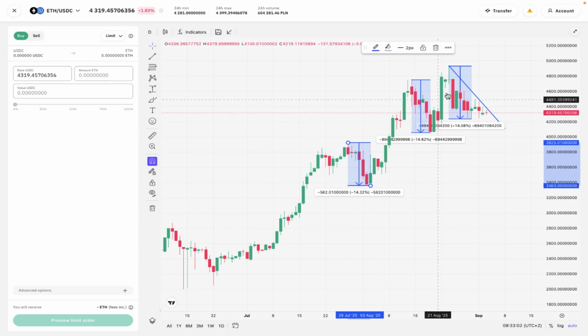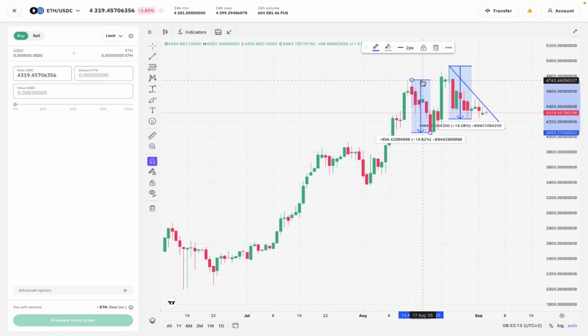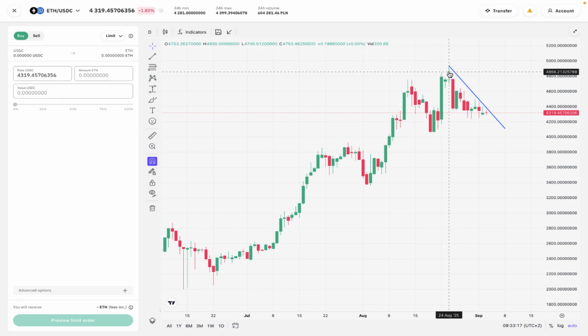So these corrections are almost the same in range. Obviously in time there's a few days of a difference, right? So this movement to the downside from the local top at 4,930 is a typical correction to the downside.